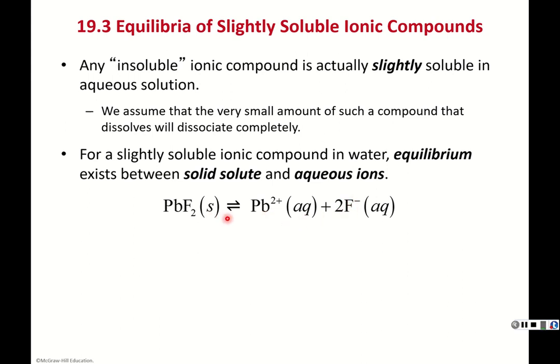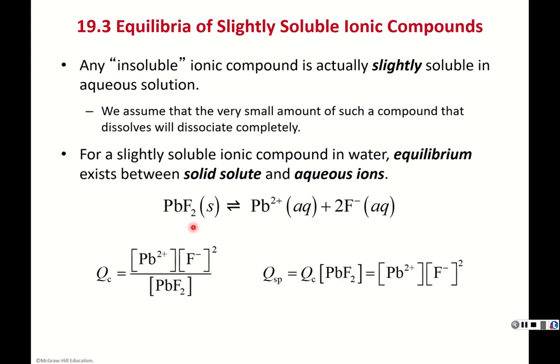Okay. Right, so there's this equilibrium. The equilibrium for something that's only slightly soluble, or that we would term as insoluble, lies far to the left. Okay, you can write a reaction quotient for this, and that would be your concentrations of products divided by the concentration of reactant.